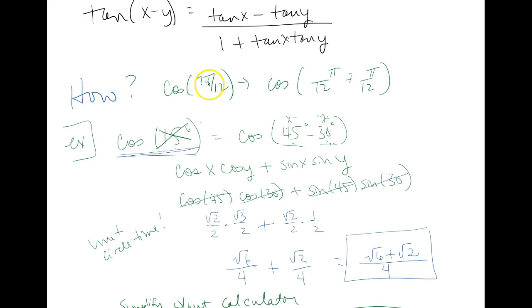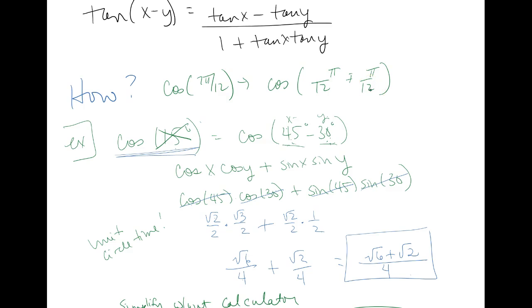I can make a 7 by doing a 1 plus a 6, but do I know pi over 12? No, I don't. So I don't use 1 and 6. Then I might try 2 and 5, so 2 pi over 12, 5 pi over 12. Well, I know 2 pi over 12 because that reduces to pi over 6. So I'm okay there, but do I know 5 pi over 12?